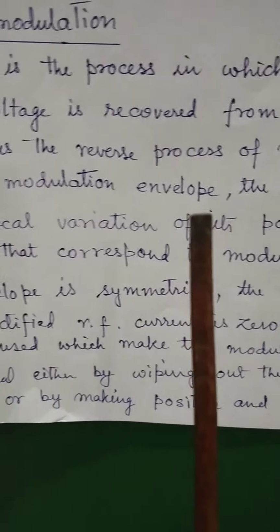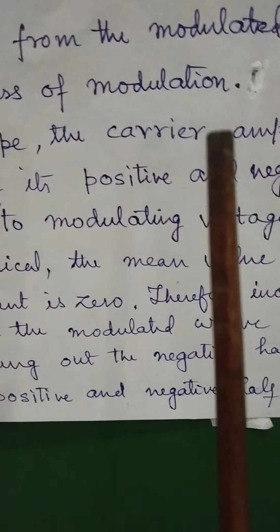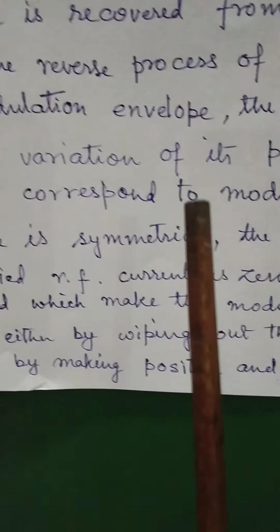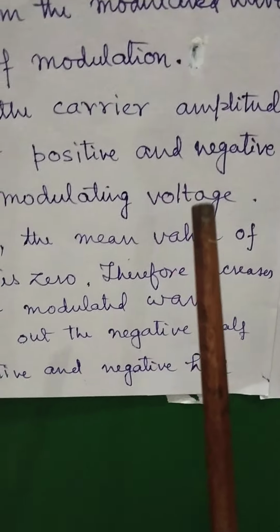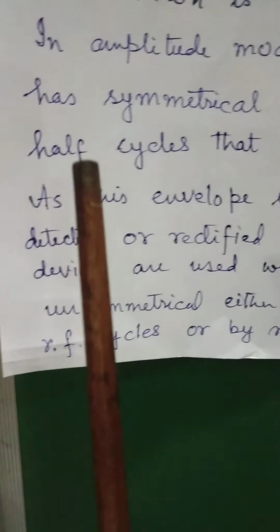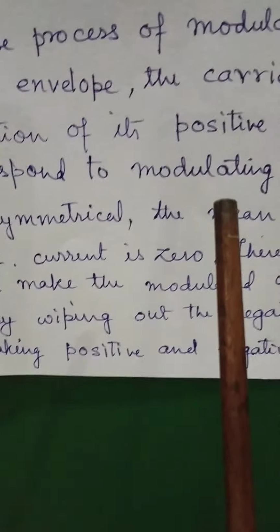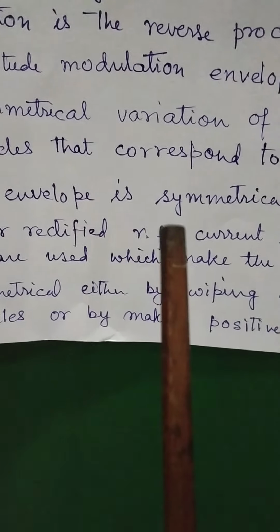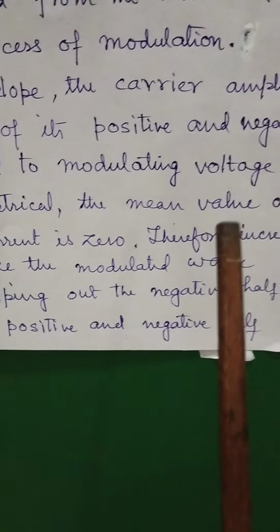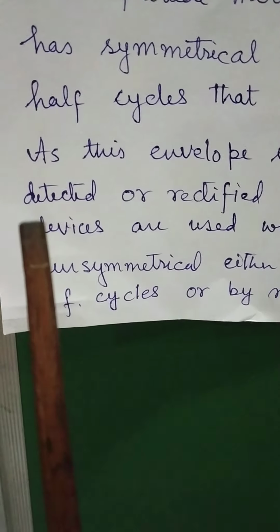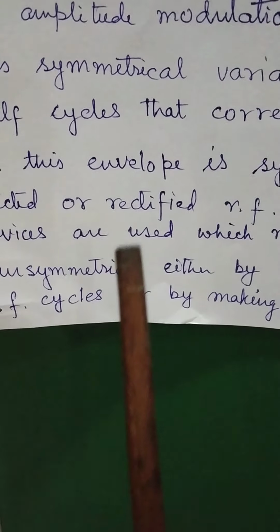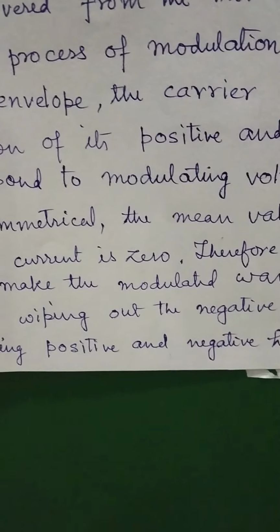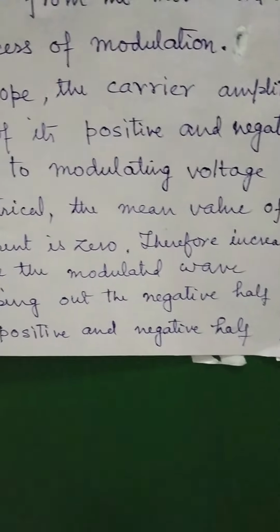In amplitude modulation, the carrier envelope has symmetrical variation of its positive and negative half cycles that corresponds to the modulating voltage. As this envelope is symmetrical, the mean value of the detected or rectified radio frequency current is 0.